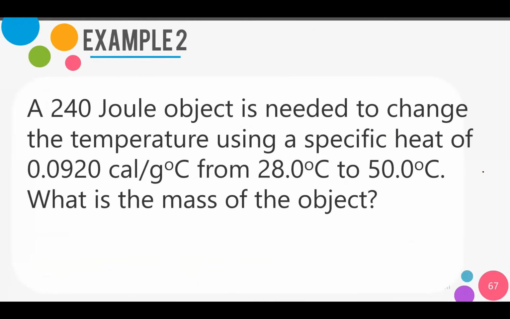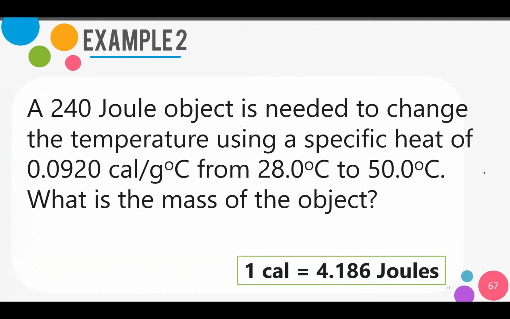Okay, so another example. A 240 joule object is needed to change the temperature using a specific heat of 0.0920 calories per gram degree Celsius from 28.0 degree Celsius to 50.0 degree Celsius. So what is the mass of the object?